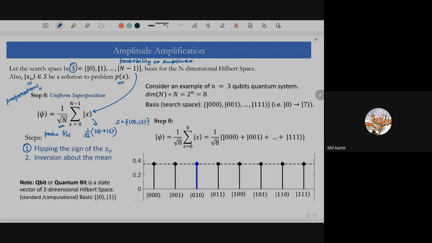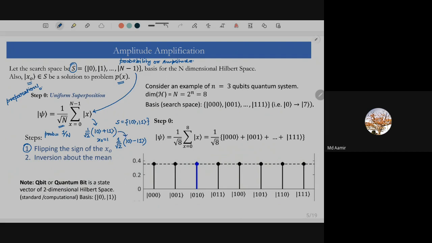Let's say we want only 1. Then we flip the sign of the 1. Flipping the sign means we just replace plus with minus. That is the first step, flipping the sign of x naught, and here x naught is 1. So we will get this thing.